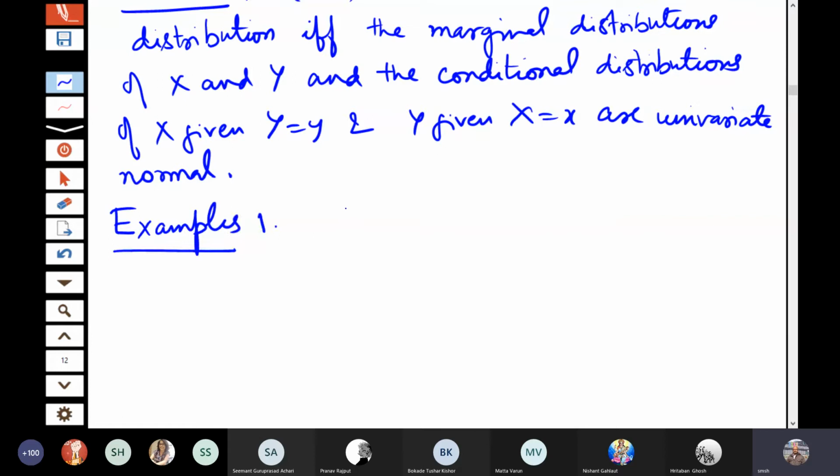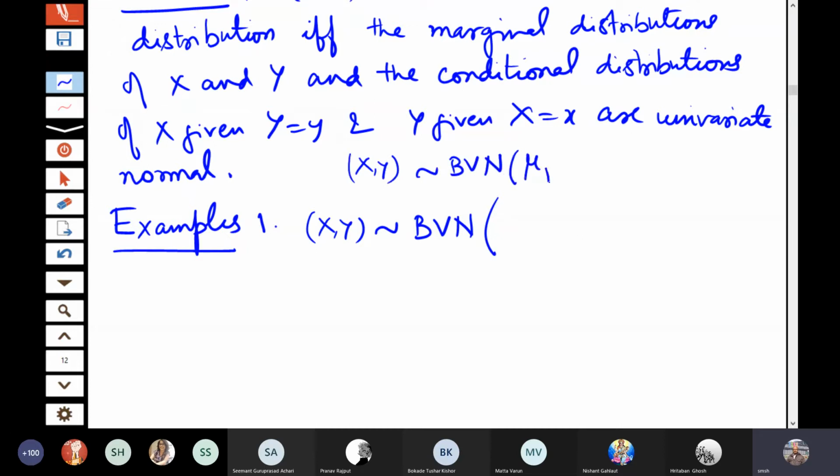So suppose I have X, Y following a bivariate normal distribution with parameters. What is the standard notation? Because I have to abbreviate, we write BVN. You have means mu1 and mu2, variances sigma 1 square, sigma 2 square, and there is another coefficient that is rho here.